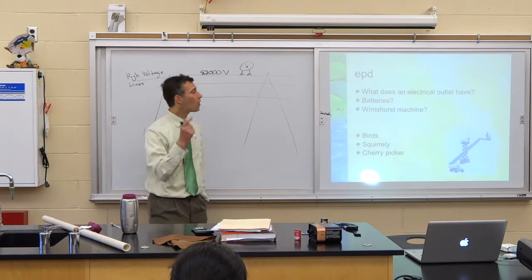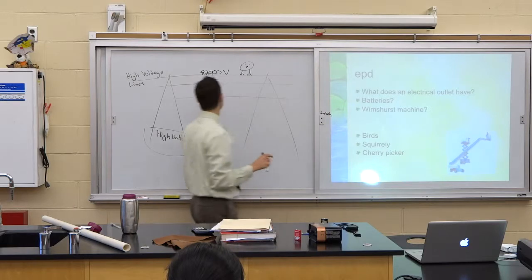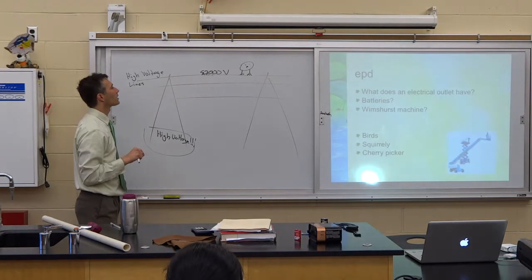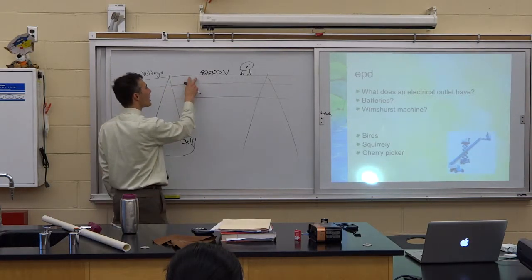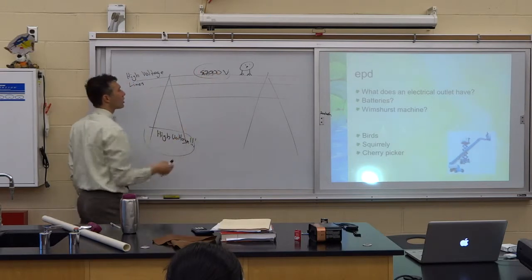So here's the thing. I may have actually misspoken 90 seconds ago. No, I didn't. The charges in this line are extremely energetic, right? They do have lots of energy per charge.